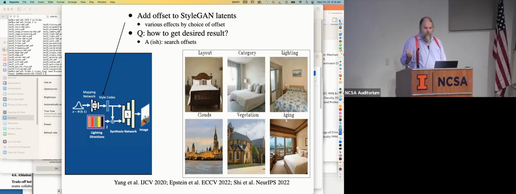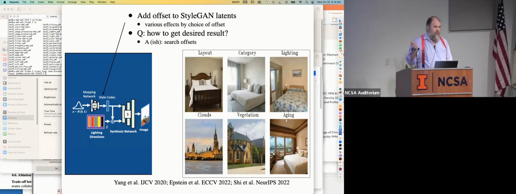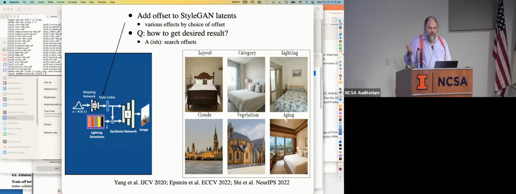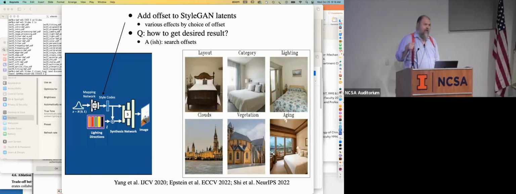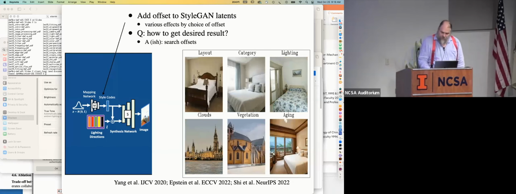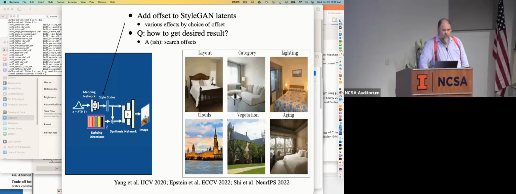So you can go from a bedroom to something a little bit odd to a living room. You can change the lighting, although the lighting changes are not that compelling because the albedo is changing as well, which is annoying. You can generate clouds and vegetation, and you can change the interior decoration under aging. So that's kind of fun. We can make StyleGAN do specific things.